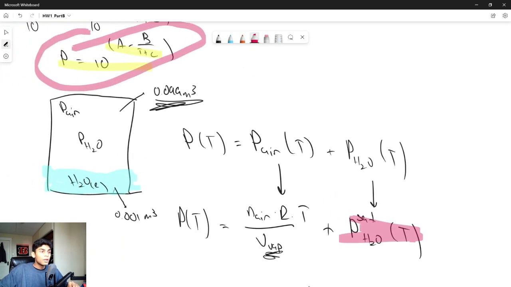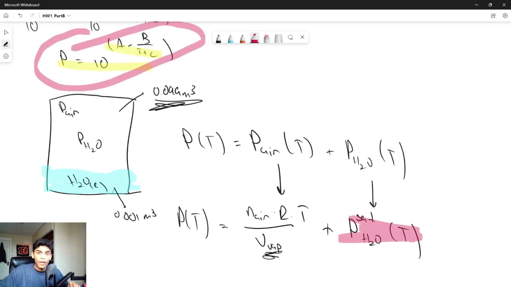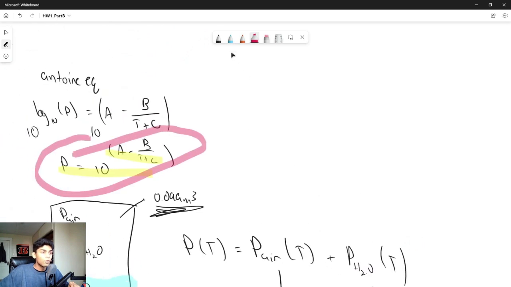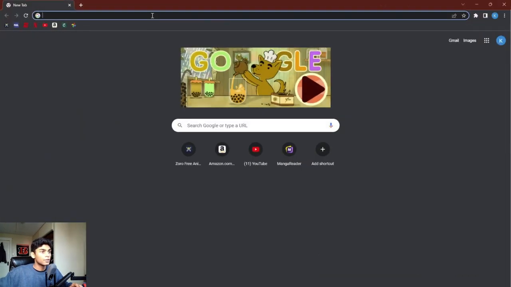If we look at a table of values for the Antoine equation, it'll be in degrees C and millimeters of mercury. These are the values that you're probably going to get when you look at a table. So actually, I can pull up Wikipedia here.